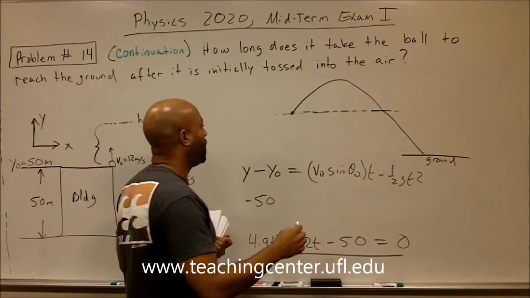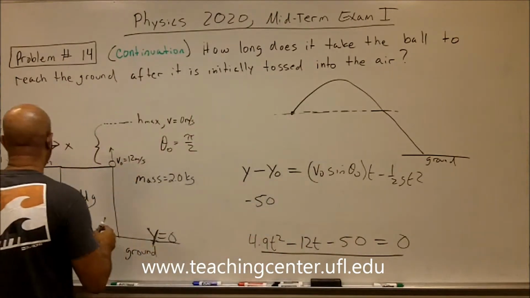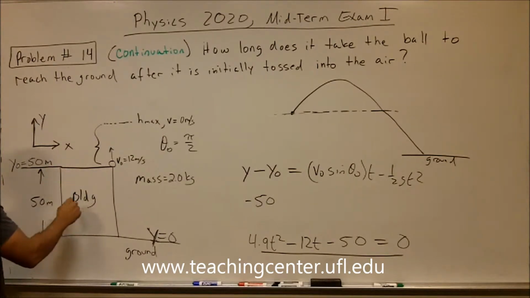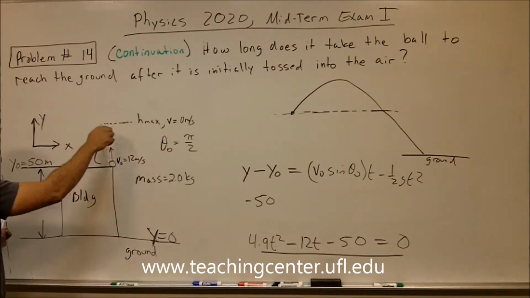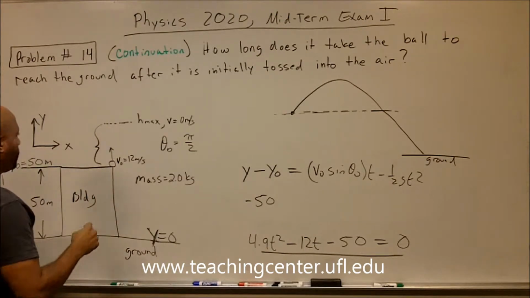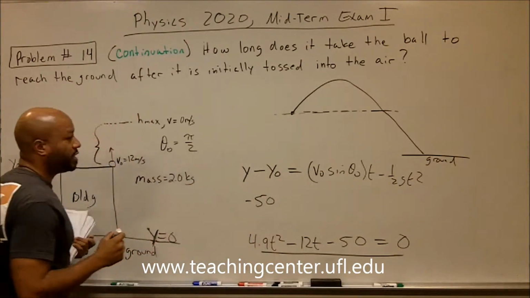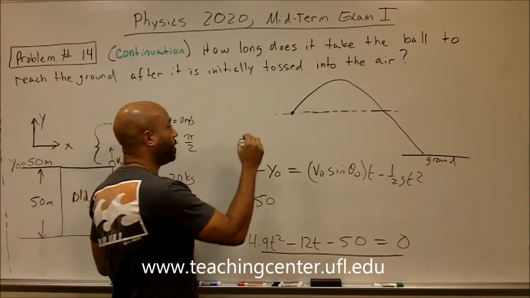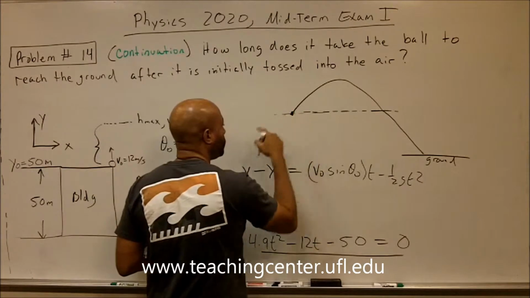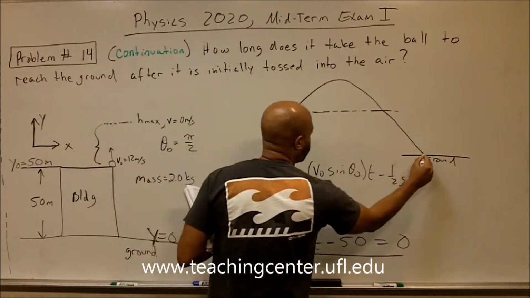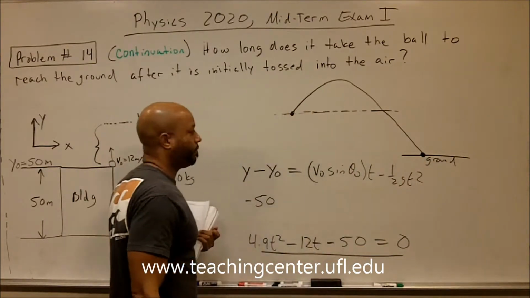But you ask yourself, how can it be negative 50 when it's at least going to travel 50 meters, but it's also going to travel the additional amount of distance to reach the maximum height, so that has to be more than 50 meters. Well, that's true, but the change is not the total distance traveled. The change is just the change in location between the initial location and the final location. And so that is just between this point and this point.